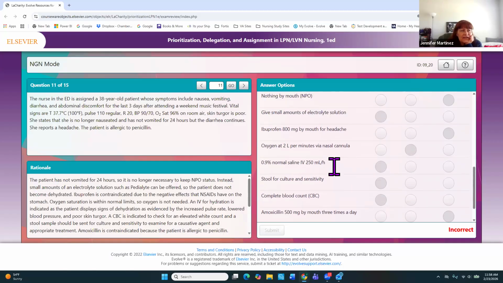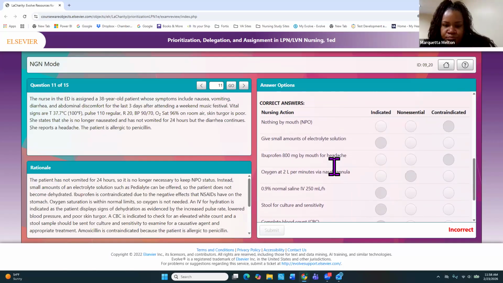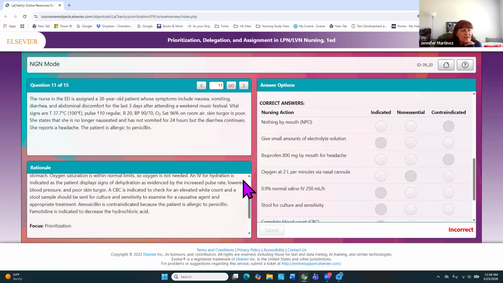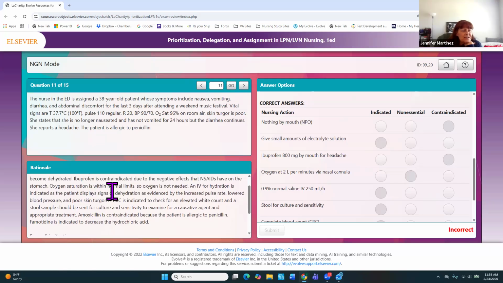All right. So if the patient has not vomited for 24 hours, it's no longer necessary to keep them NPO. So instead, we're going to give small amounts of electrolyte solutions such as Pedialyte so the patient doesn't become dehydrated. Ibuprofen is contraindicated due to the negative effects of NSAIDs on the stomach.